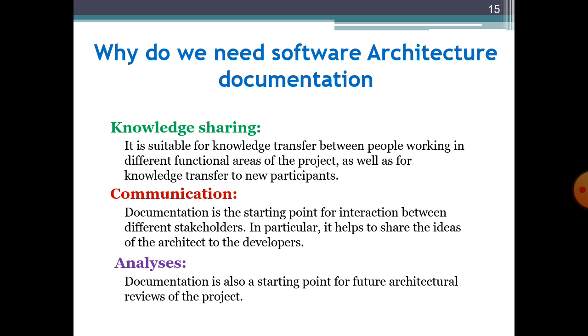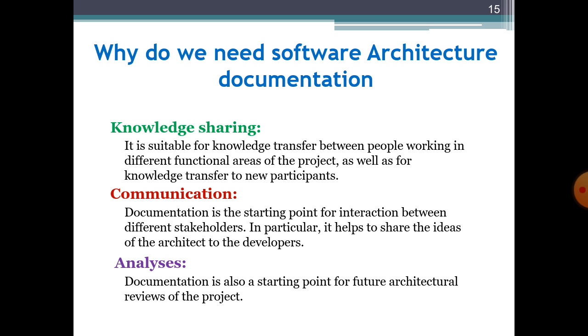All of these are different stakeholders which have different perspectives, and software architecture documentation provides a way to communicate between these different stakeholders. And the last one is analysis, and documentation is also a starting point for future architecture reviews of the project.